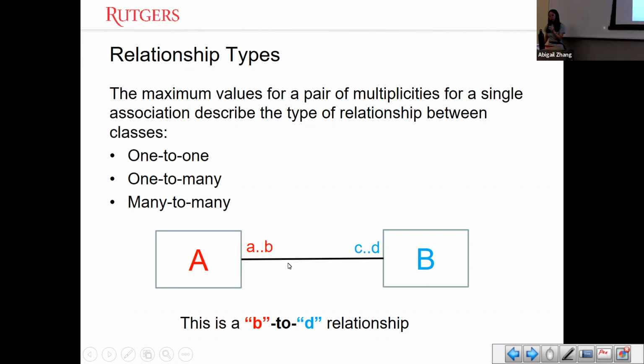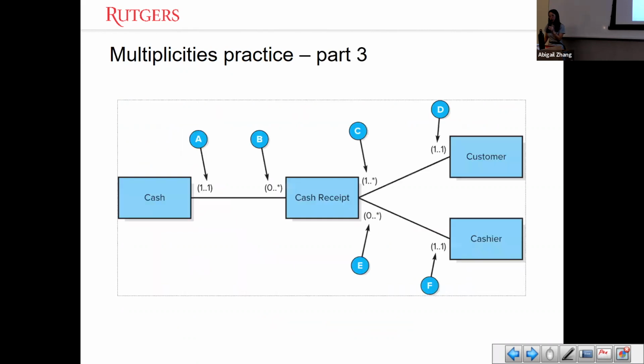To give you an example, let's look at this cash to cash receipt relationship, right? So here we have a one-to-many relationship because 1 cash account can take multiple cash receipts, whereas one cash receipt can only go to one cash account.